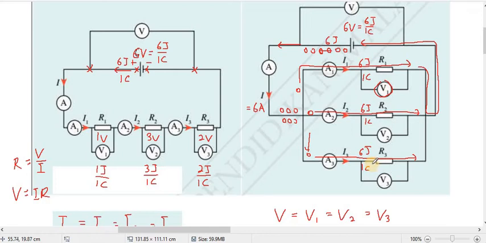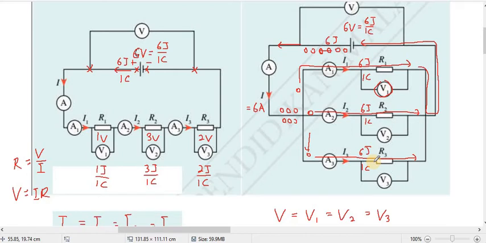Imagine, if in 1 second 6 coulomb reach here, that means the total through all the branches must also be 6 in 1 second. If all must be the same, then 2, 2, 2, right? That is if all the resistance is the same.